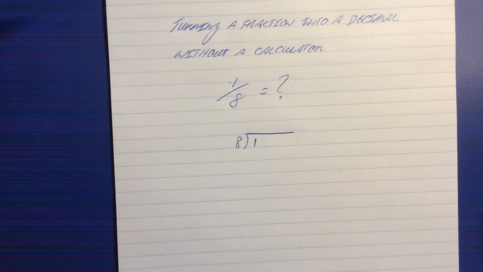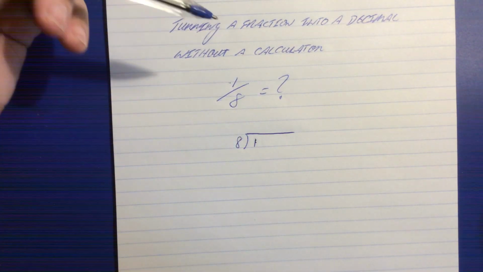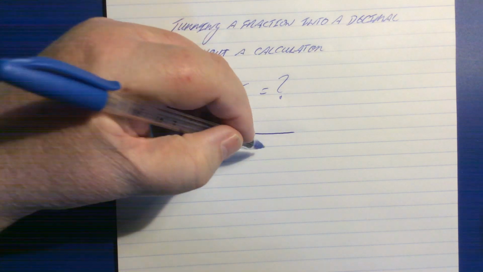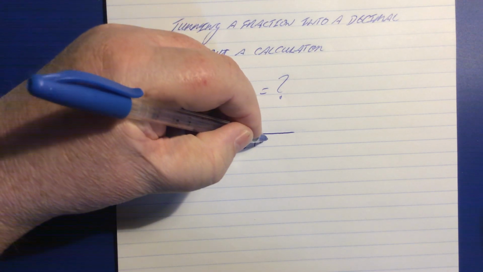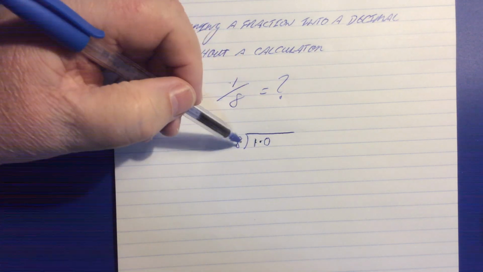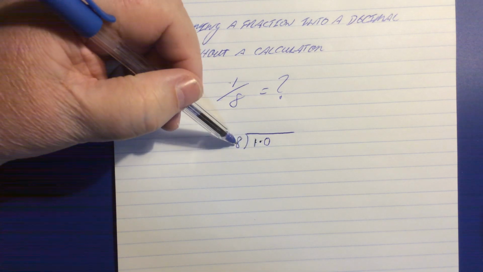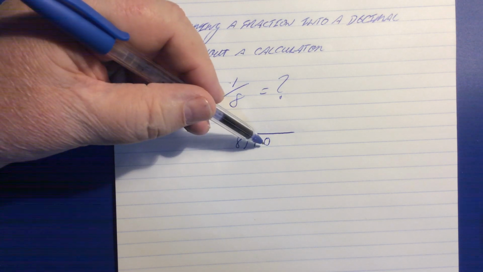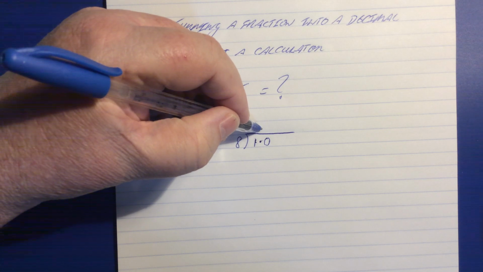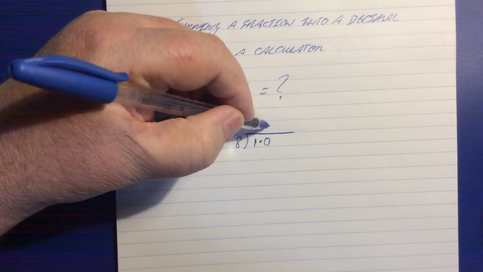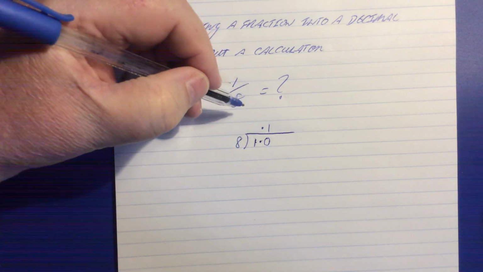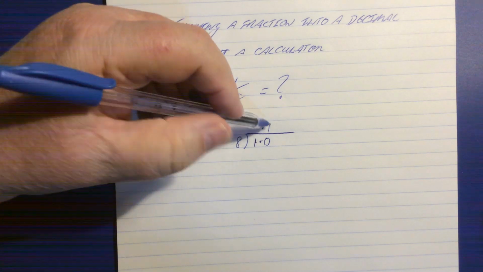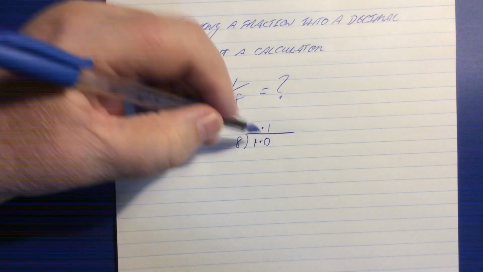Right, so we have to divide 1 by 8. Now, 8 won't go into 1, but what we do is we put a 0 here, 0.0, and we just pretend that we're dividing 8 into 10. And that goes once, or 0.1 actually.